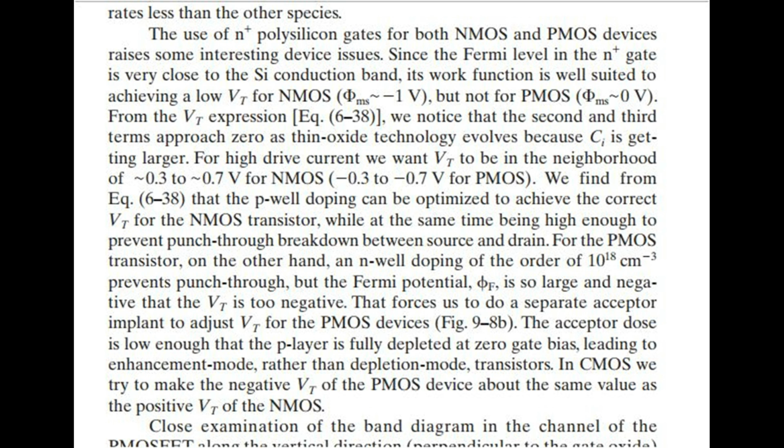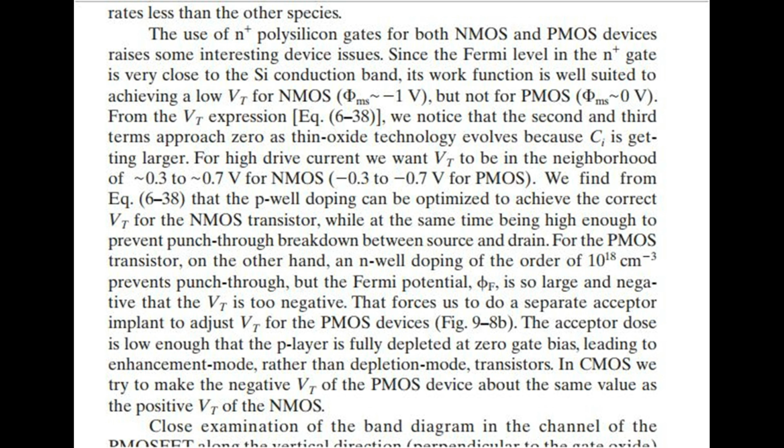From the threshold voltage expression, EQ 638, we notice that the second and third terms approach zero as thin oxide technology evolves because C_i is getting larger. For high drive current we want threshold voltage to be in the neighborhood of 0.3 to 0.7 volts for NMOS, minus 0.3 to minus 0.7 volts for PMOS.